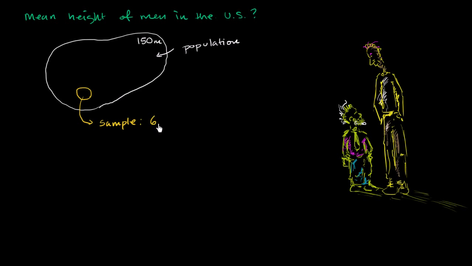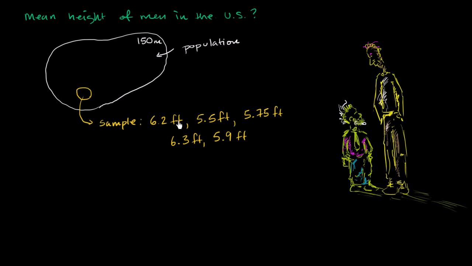Let's say one is 6.2 feet. One is 5.5 feet, which would be 5 foot 6 inches. One ends up being 5.75 feet. Another one is 6.3 feet. Another is 5.9 feet.